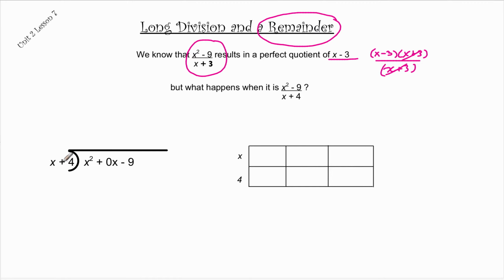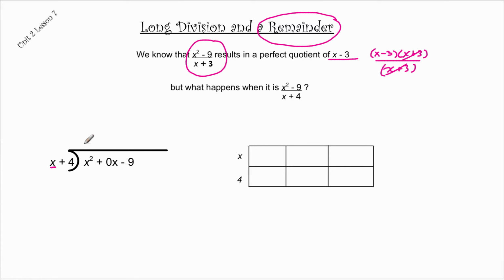So we have down here x plus 4, and then I've written x squared minus 9. Remember, you have to go in decreasing order with your degrees. So this goes squared. The first degree is not present, so it must have a zero coefficient, minus 9.